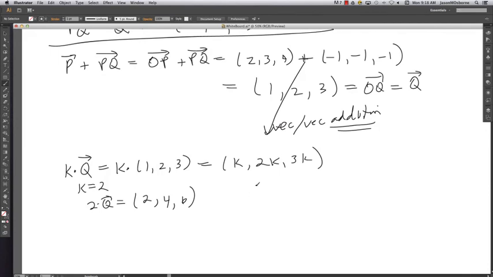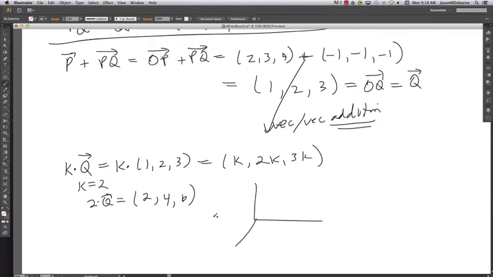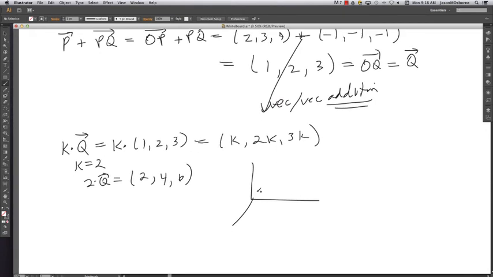Well, what did that do? This is what you'd want to do algebraically. Here's your vector q, the origin to the point 1, 2, 3.